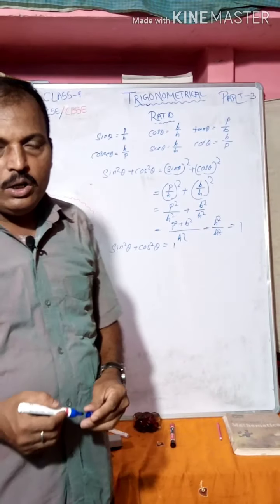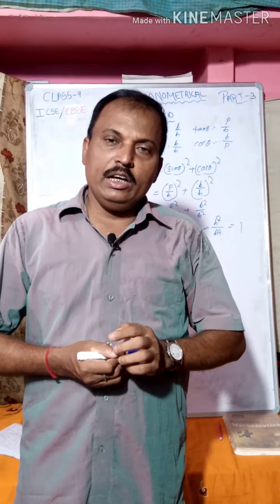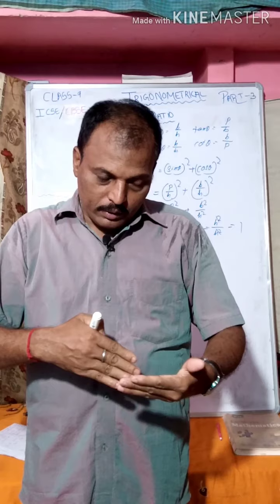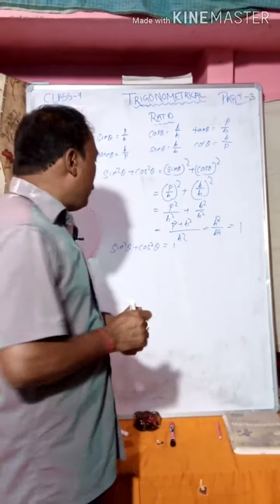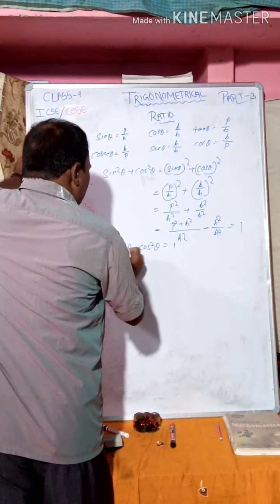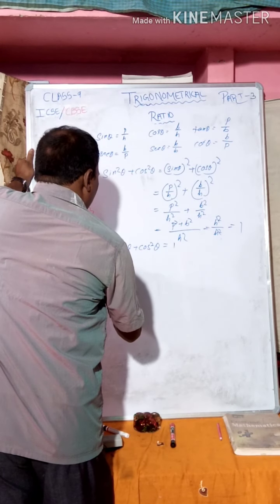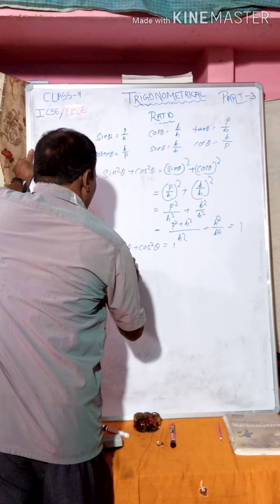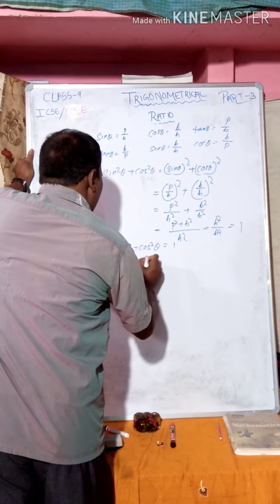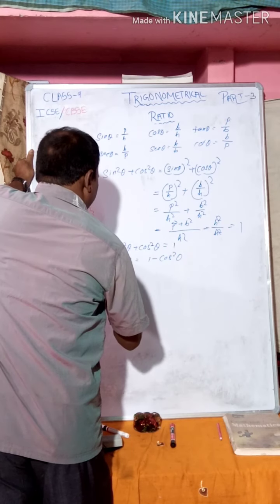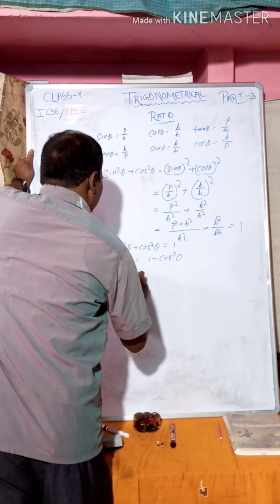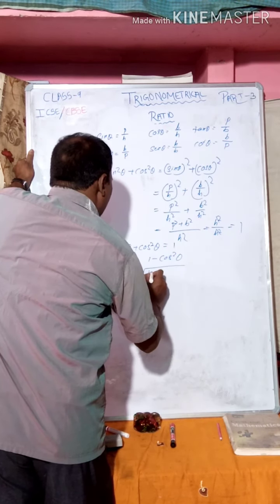Sin square theta plus cos square theta is equal to 1. Now we derive sub-formulas from this formula. So sin square theta is equal to 1 minus cos square theta, and sin theta is equal to square root of 1 minus cos square theta.